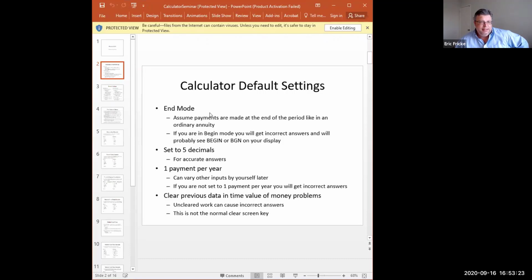There are a couple things you have to make sure are set in your calculator properly. You have to make sure it's in end mode. The reason for that is the calculator can do the calculations assuming that the cash flows are at the beginning of the year or at the end of the year. Everything we do, we have to assume is at the end of the year or end of the period.